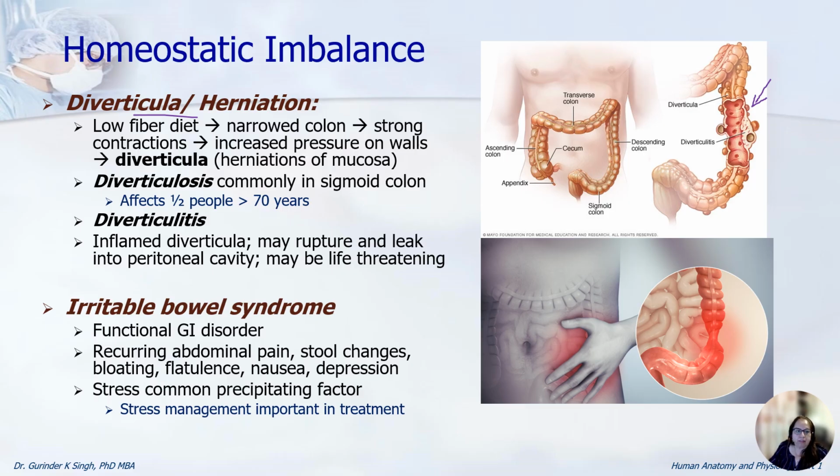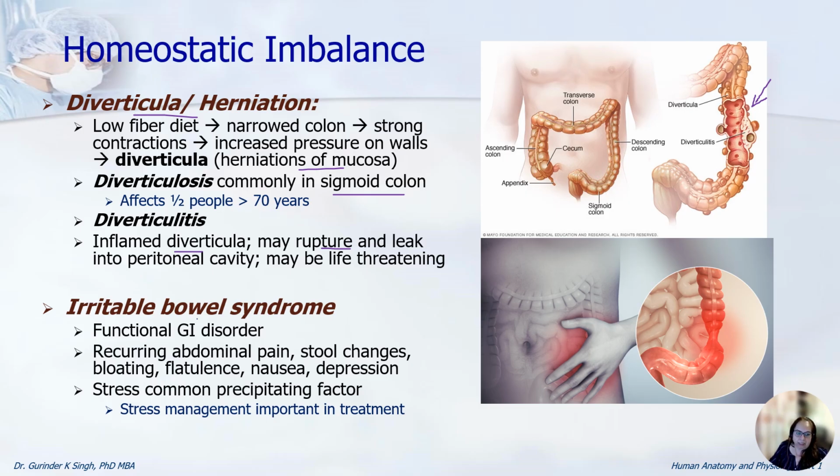And you can have diverticula, which is herniation of the mucosa, and this typically happens in the sigmoid colon, which affects almost half the people above the age of 70. You also have diverticulitis, in which you have inflammation in the diverticula, and this may rupture or leak into the peritoneal cavity, and that can become a life-threatening situation.